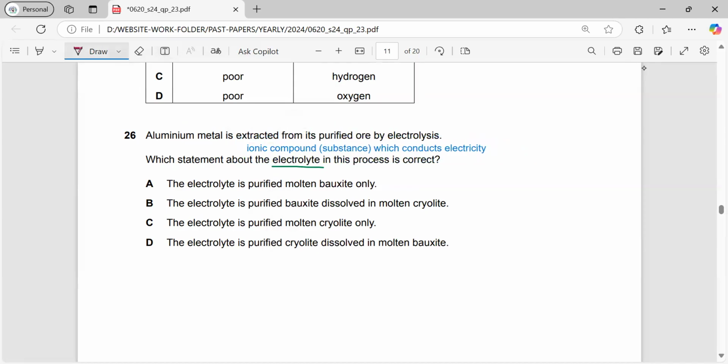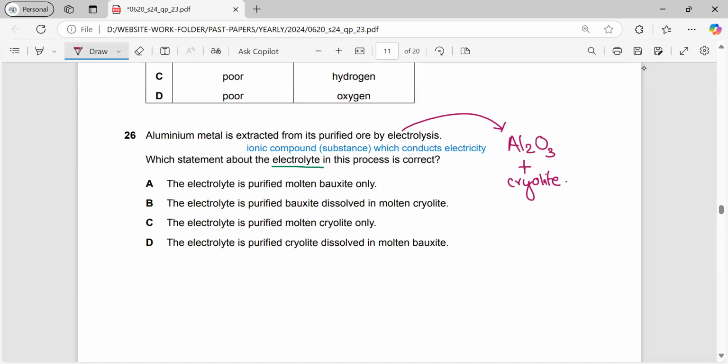So here, in the extraction of aluminium, we get aluminium oxide as electrolyte. We will melt it, but because its melting point is very high, we need cryolite to lower its melting point and make it liquid.